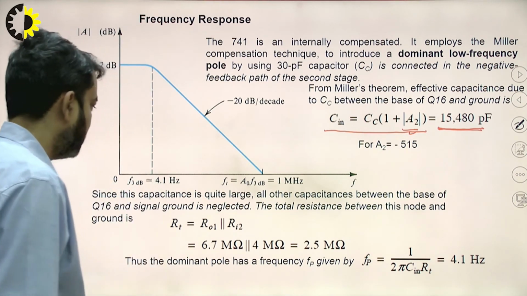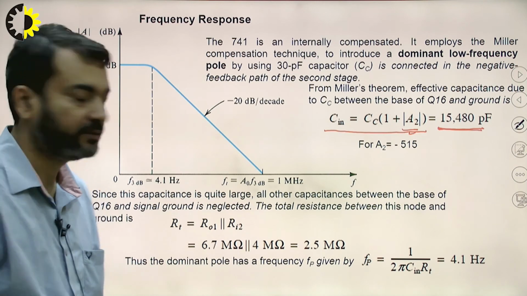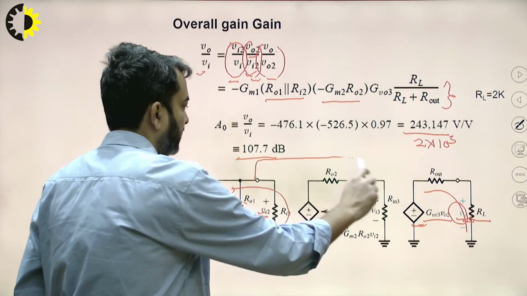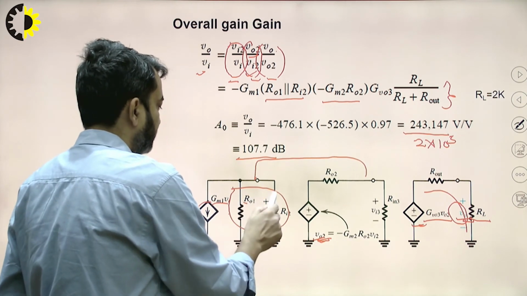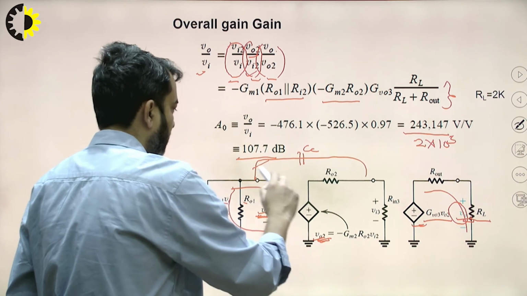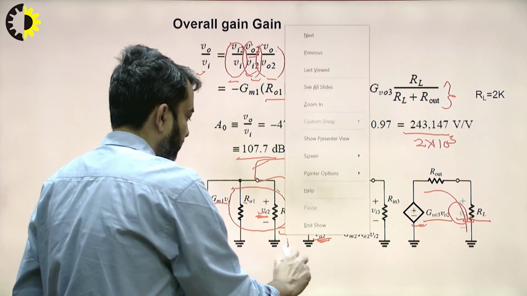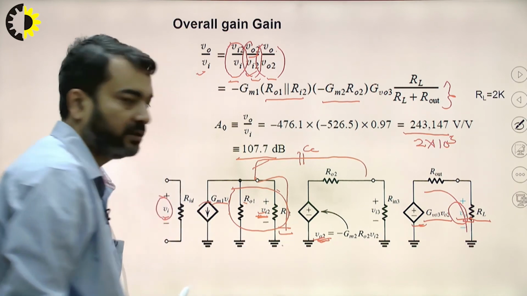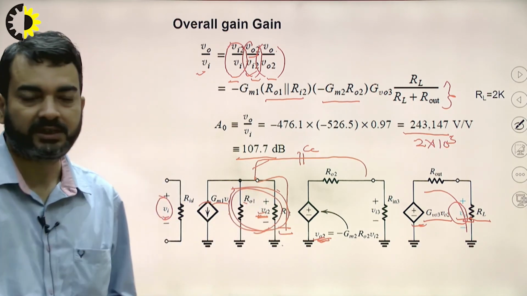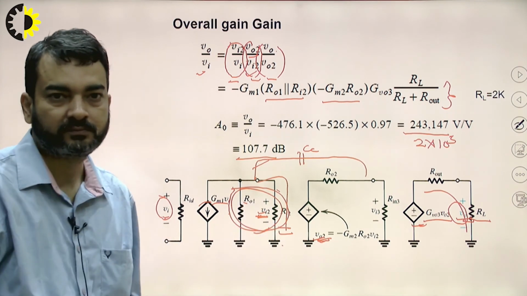So if we see what is the net time constant, this is the connection. We will say this was the capacitor Cc, now it is across the base of Q16 to ground. So the net resistance associated with this capacitor is R01 parallel Ri2.